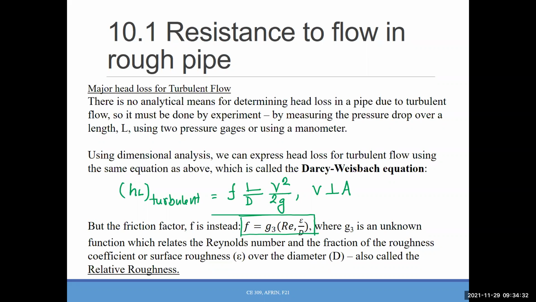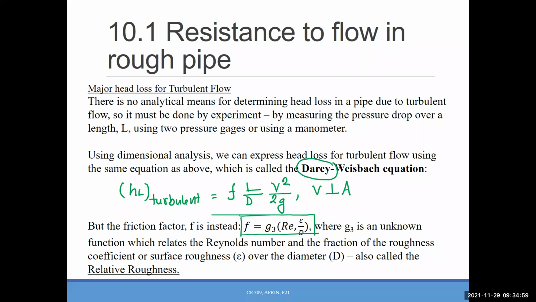Now the funny thing is, the previous equation was developed from an analytical method, and this equation was developed from experimentation, but it comes out that they have the same expression. Only f depends on different things. Okay, and this equation is called the Darcy-Weisbach equation, based on two scientists who actually developed it.